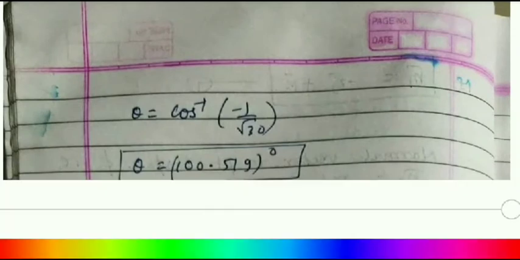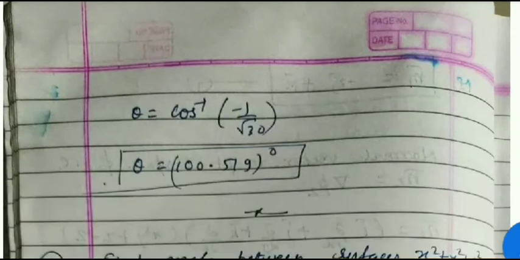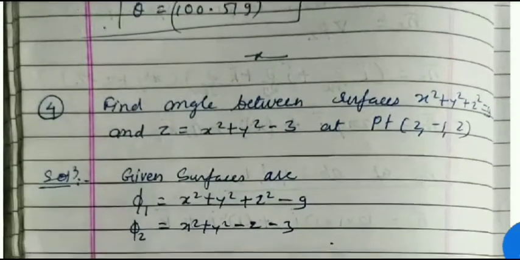So change the position of cos theta, and we get theta equals cos inverse of minus 1 upon root 30, and put this value in the calculator. You will find theta equals 100.519, and the unit of angle is degree, so put the degree notation. So this is the procedure to find the angle between two normal vectors.